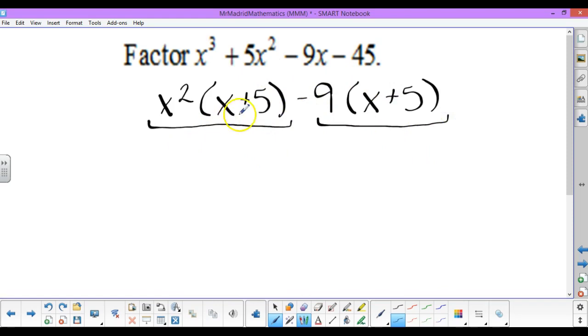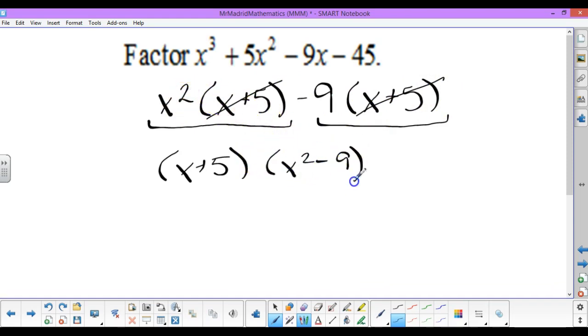They have a factor in common, so I can factor that out, which means it's gone, because I have factored it out, divided it out, and I read what's left over, which is x squared minus 9. Done and done. Let's march forward.